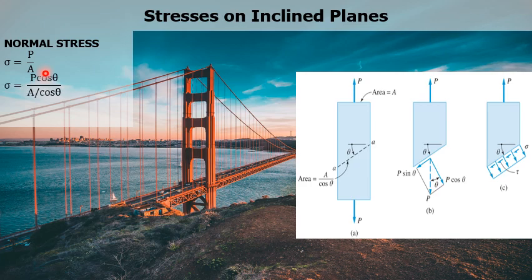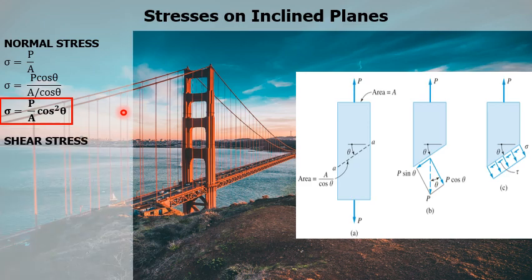Sigma is equal to P cosine theta, the normal load on the inclined plane, over A over cosine theta, which is the area of the inclined plane. Simplifying further, we have sigma equal to P over A times cosine squared theta. This is the formula for the normal stress on the inclined plane.